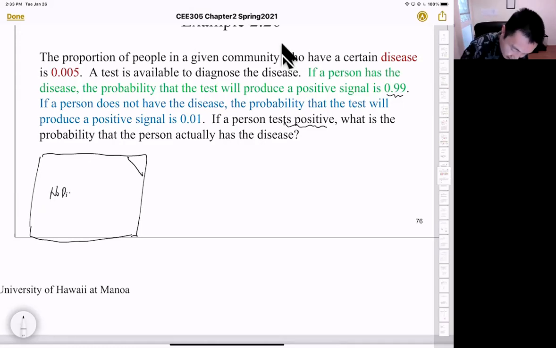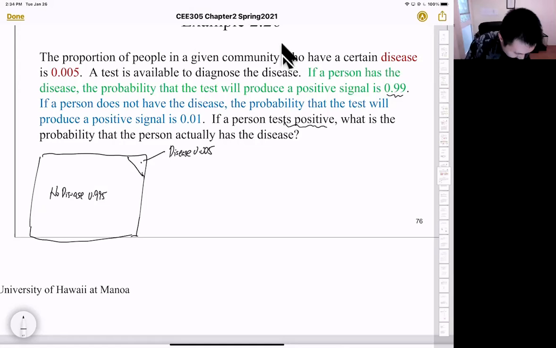And the other part is has disease, which is 0.005. So 1 minus 0.995 is 0.005.